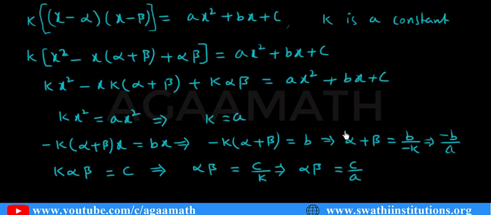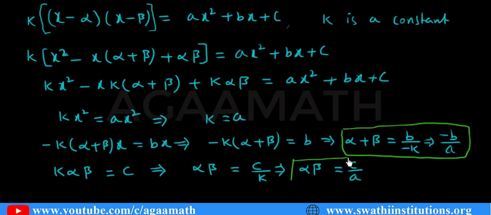So with this we have to observe clearly, alpha plus beta, what do we got? That is minus b by a, and alpha into beta, that is product, where alpha beta are taken as zeros, right? Means sum of the zeros is minus b by a and product of the zeros is c by a.